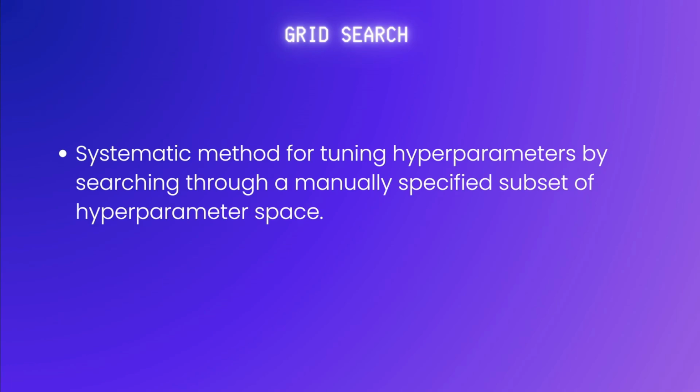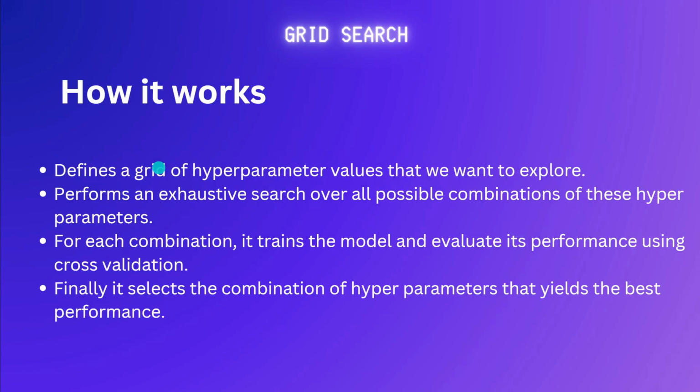By definition, grid search is a systematic method for tuning the hyperparameters by searching through a manually specified subset of the hyperparameter space. So how does this grid search work? Firstly, in grid search, we define a grid of hyperparameter values that we want to explore.